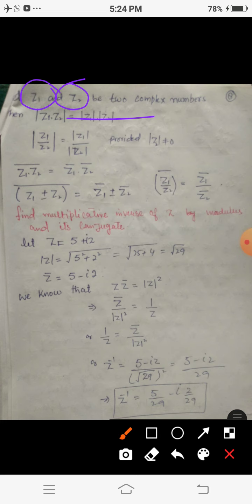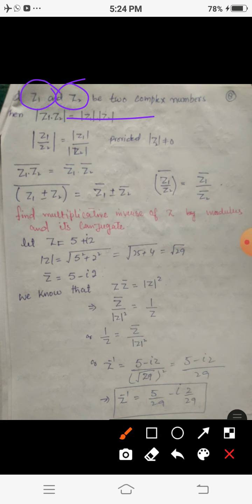Similarly, the conjugate of z1 into z2 is z1 bar into z2 bar, the conjugate of z1 plus minus z2 is z1 bar plus minus z2 bar, and the conjugate of z1 upon z2 equals z1 bar upon z2 bar.